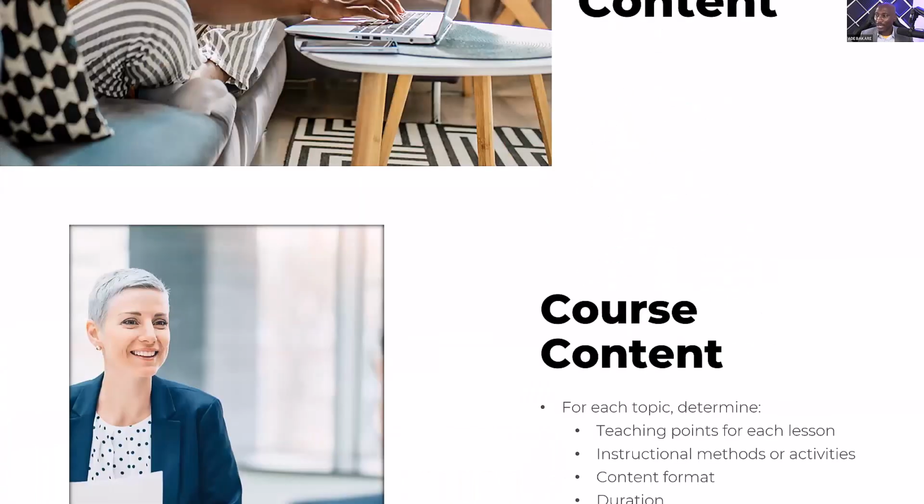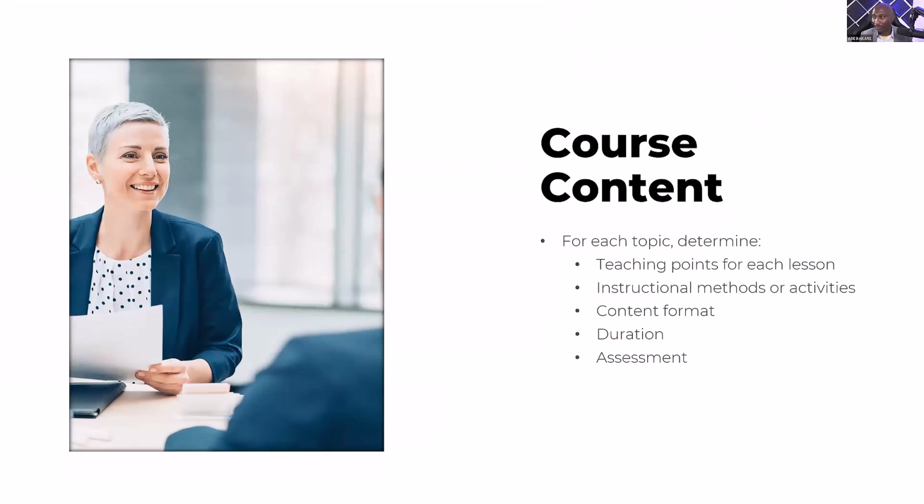By that, I mean for each topic that we've identified, we need to go a little deeper and think about what the teaching points are for each lesson. This is where your subject matter expert's knowledge is going to come in. They need to bring their expertise to say, for topic 1, these are the important teaching points, and these are the things we want to make sure we cover for lesson 1, and so on for lesson 2, and so forth. So we need to do that.